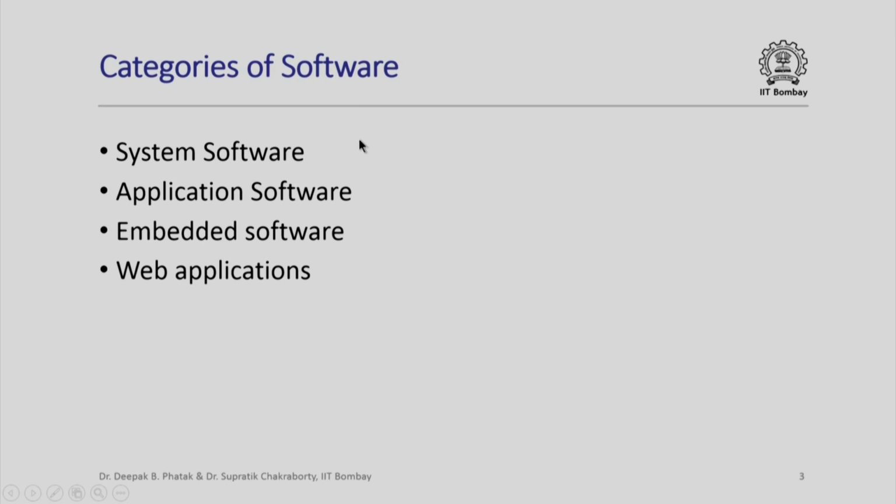Very broadly, the software is categorized into 4 different categories: system software, application software, embedded software, which is essentially application software which is embedded into some gadgets and appliances, and it has some special features in that the system software and application software together need to go into the embedded systems. Last but not the least, web applications, which abound these days. We shall comment on each one of these briefly.